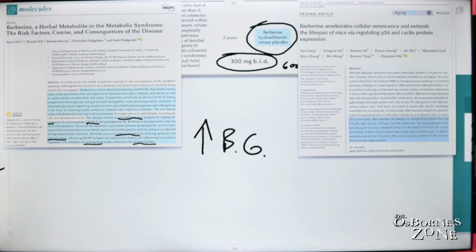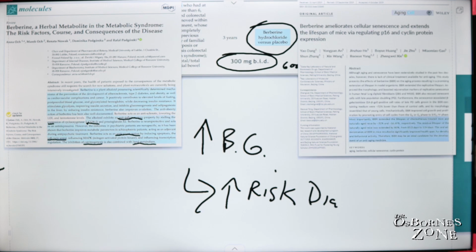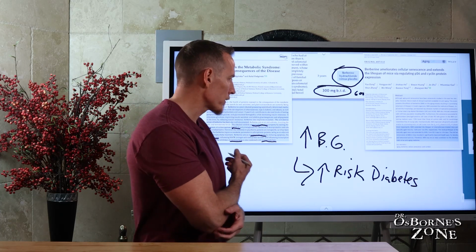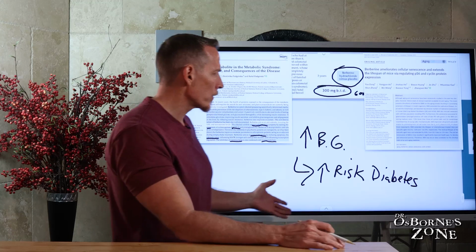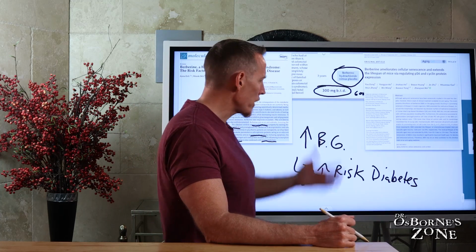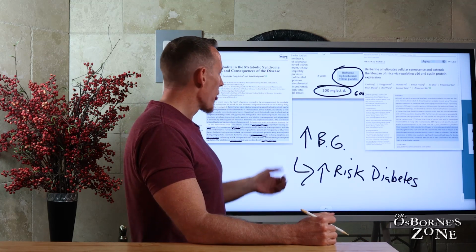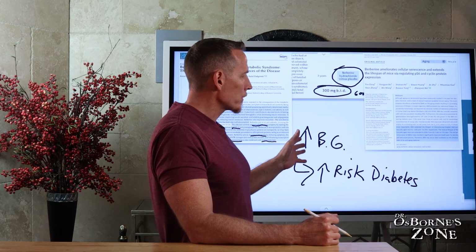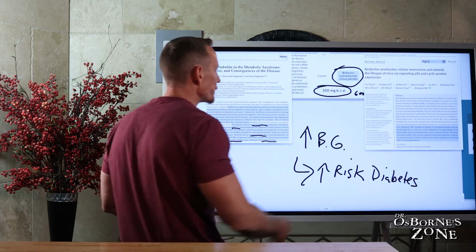So a lot of the drugs used to treat schizophrenia increase blood glucose and increase the risk of developing diabetes. This is one of the things they're finding out about berberine: because of its impact on blood glucose, it actually has an adjunctive effect. So if somebody's being treated for schizophrenia with a powerful drug like Geodon, for example, berberine has an ameliorative effect on the blood glucose side effects of that medication.